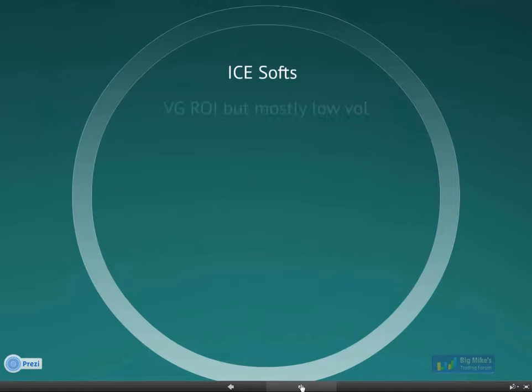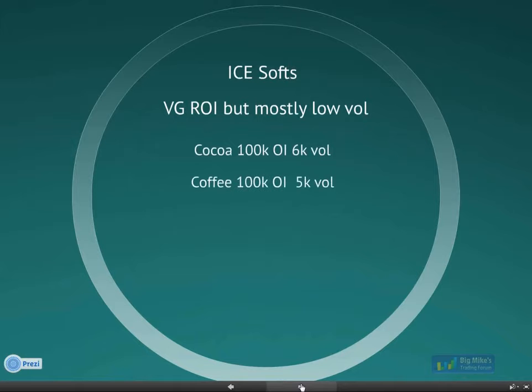Ice softs. Majority of them have extremely good open interest, but some of them are low volume, so you've got to be careful there. Cocoa has 100,000 open interest, about 6,000 volume per day. Coffee, about the same, 100,000 open interest, 3,000 to 5,000 volume per day.